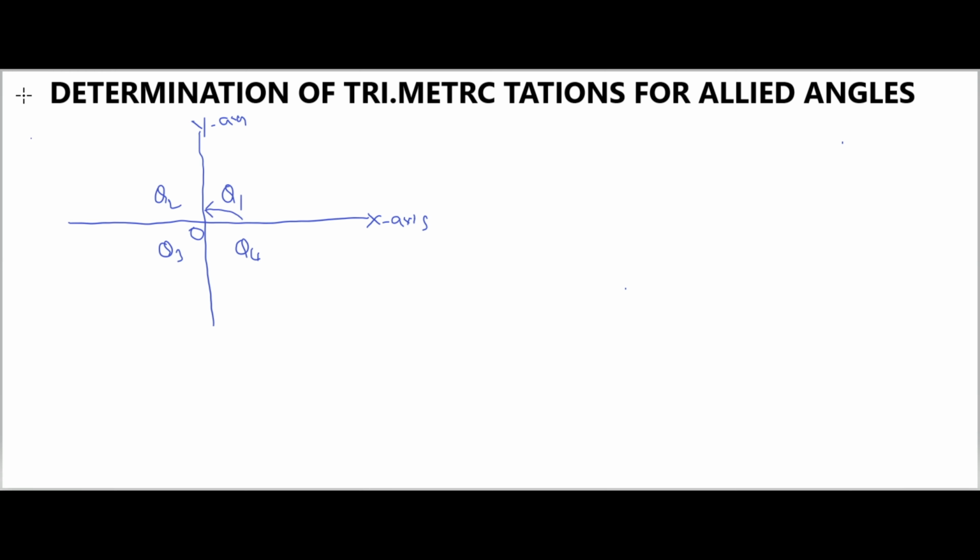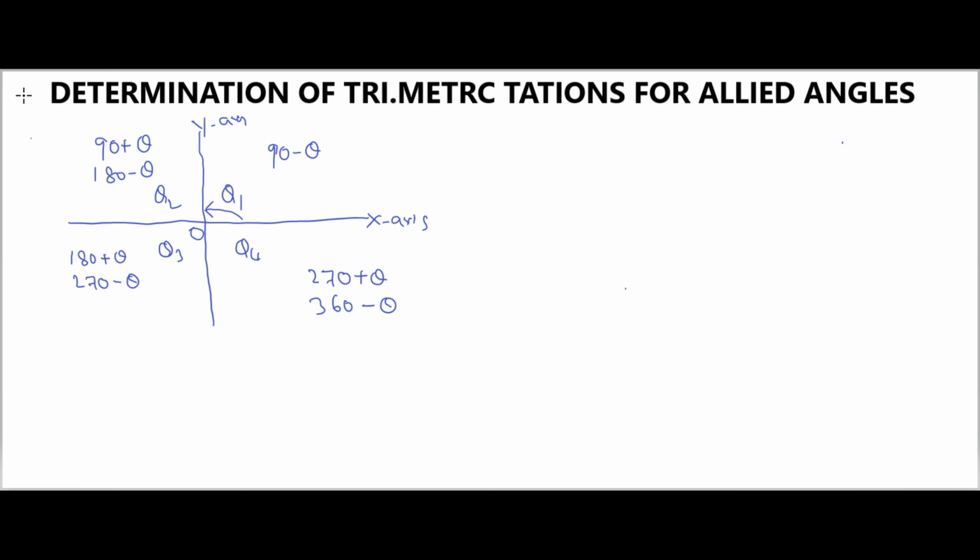So 90 minus theta lies in first quadrant. This is 90 plus theta and 180 minus theta. This total angle is 180. This one is 180 plus theta and 270 minus theta. This is 270 plus theta, 360 minus theta.